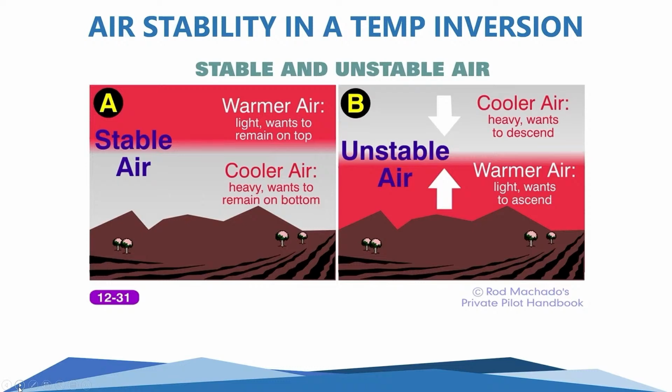Okay, so anytime we have these situations, just remember the warm air on top and the cool air on the bottom is a stable version of a temperature inversion, versus what we see on the right hand side as shown.